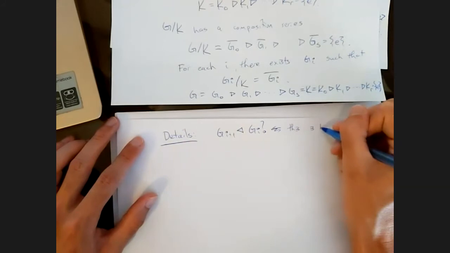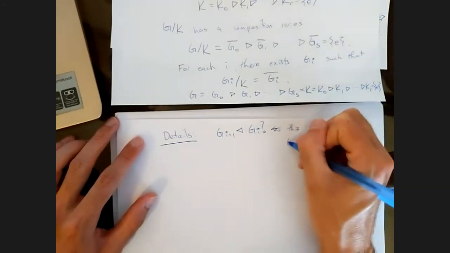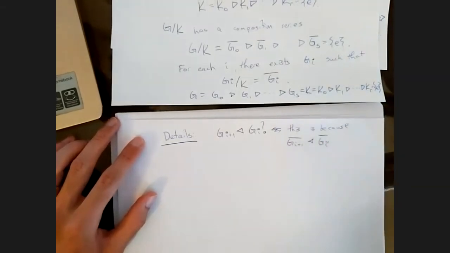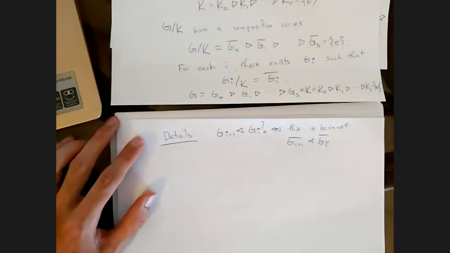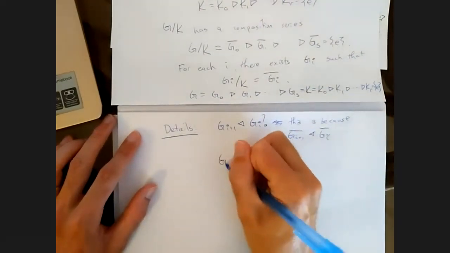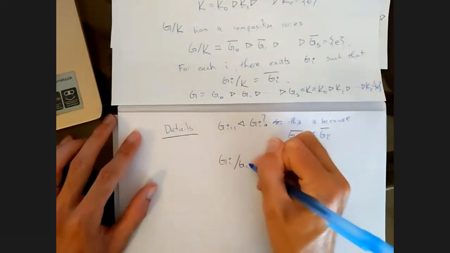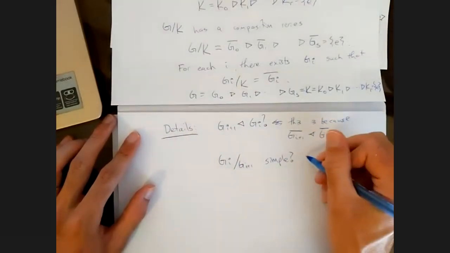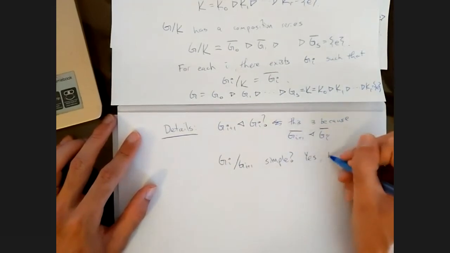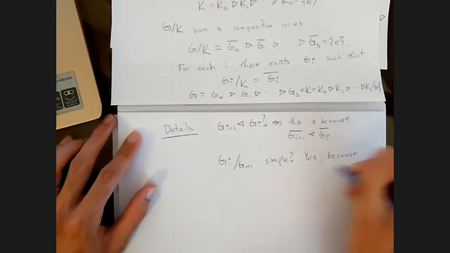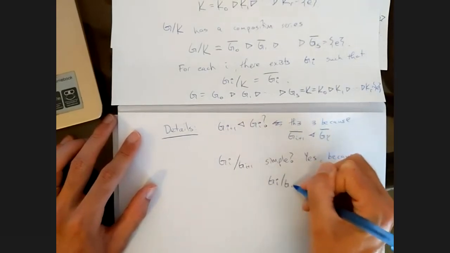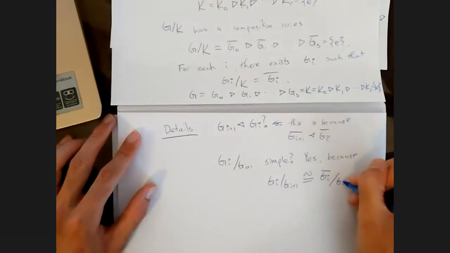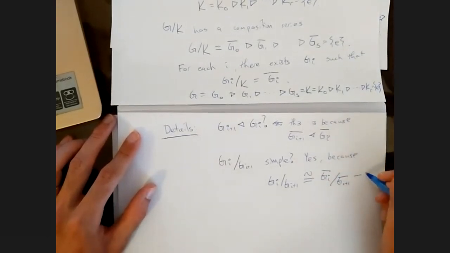This is because G_{i+1} bar is normal in G_i bar. Also, is G_i mod G_{i+1} simple? The answer is yes, because G_i mod G_{i+1} is isomorphic to G_i bar mod G_{i+1} bar, which is a simple group.